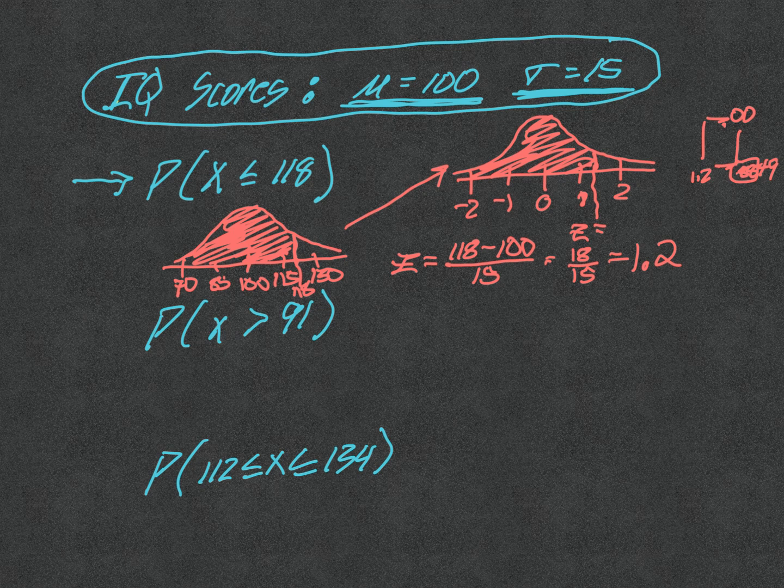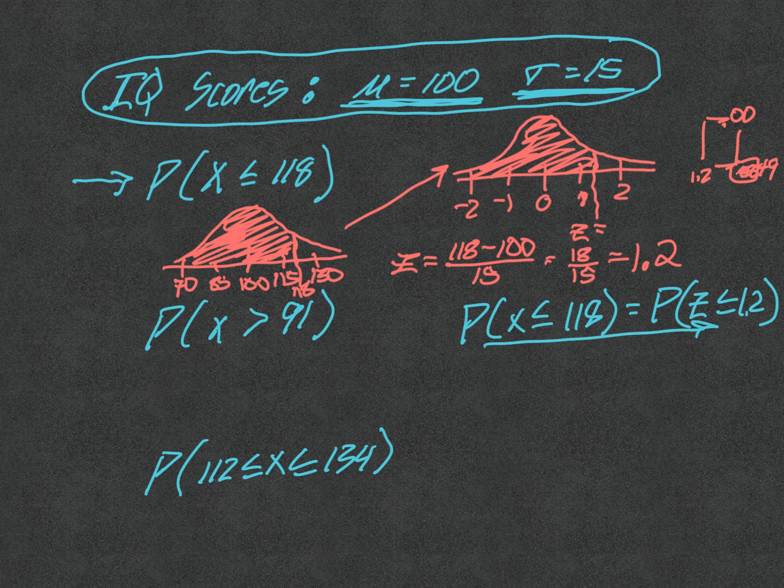And so, to write this problem out, here's the work. So now I'm going to write out the problem. So I'll go back to the color, and I would put the probability that x is less than or equal to 118 is equal to the probability that z is less than or equal to 1.2, because we did a transformation, and that probability from the table is 0.8849.